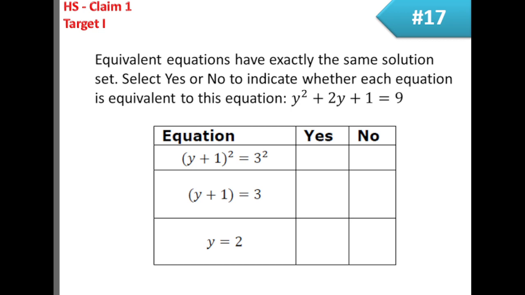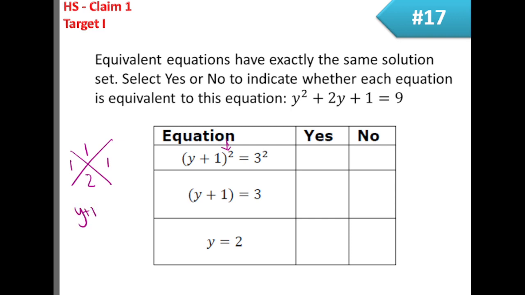And last but not least here, what they did for this first one is to factor the left side. So if you factor the left side, A times C would be 1, so it would be 1 times 1.